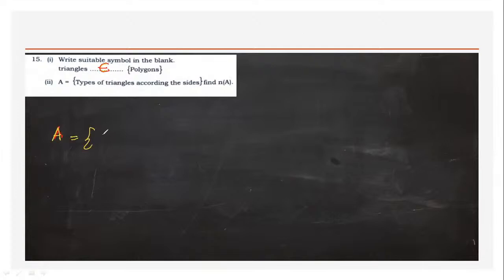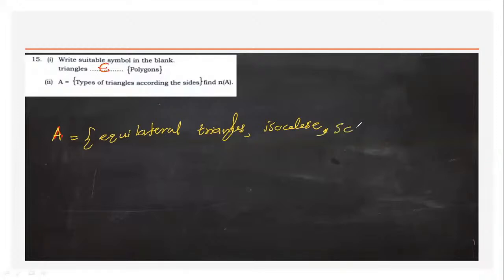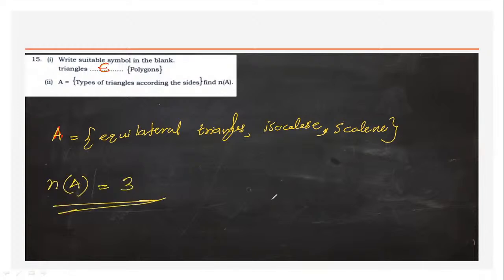We can write the elements: equilateral, isosceles, then the other one is scalene. Then there are 3 types of triangles. So n(A) equals 3.